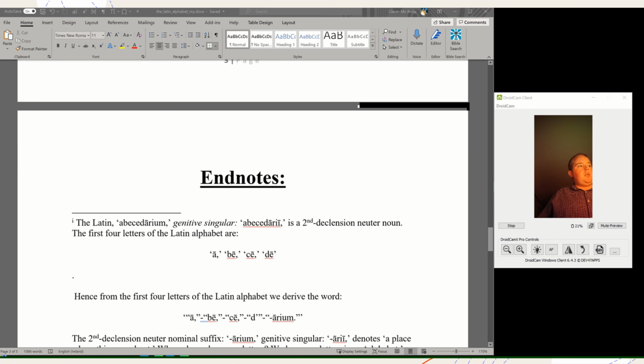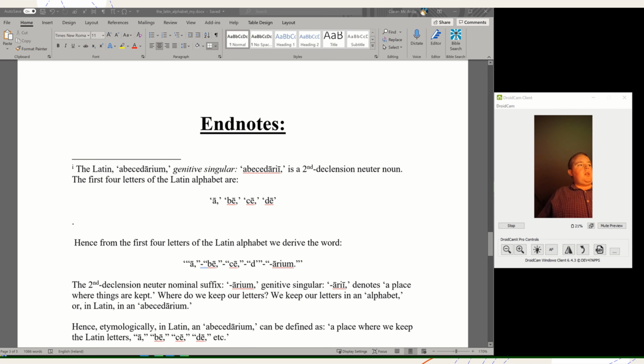Endnotes. The Latin abecedarium, genitive singular abecedarii, is a second declension neuter noun. The first four letters of the alphabet are A, B, C, D. Hence, from the first four letters of the Latin alphabet, we derive the word abecedarium.